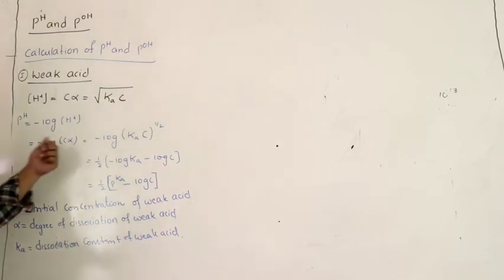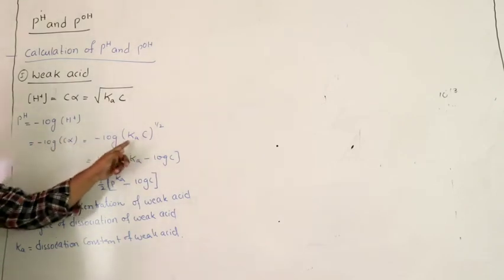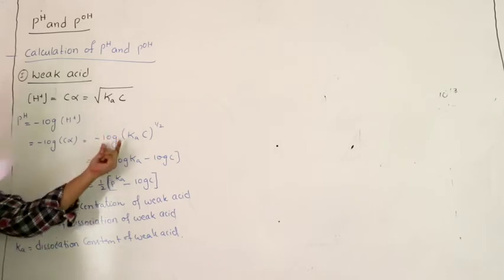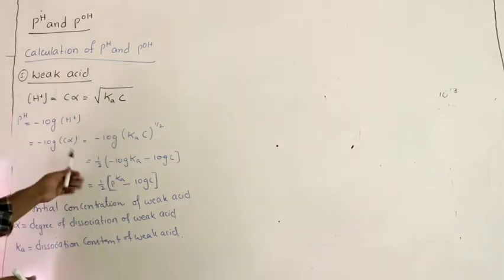So, if C alpha is given, use this equation. If Ka and C of weak acid are given, you can use these relations. So, this is for weak acid.